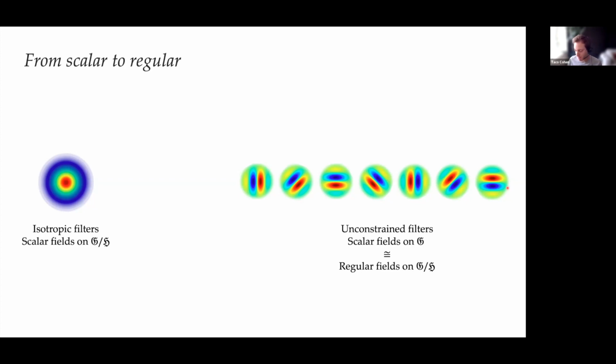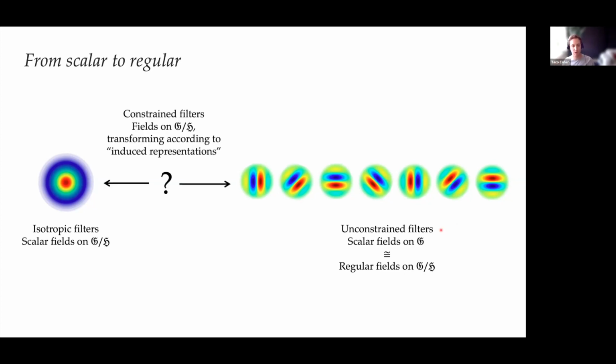But if your group H is very large, then you get very many feature channels. So what we're curious about is if there's anything in between: completely unconstrained filters but having a lot of channels, or very constrained filters and having only one output channel. There should be something in between.